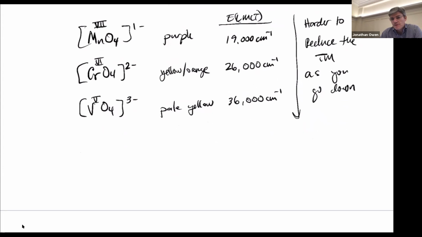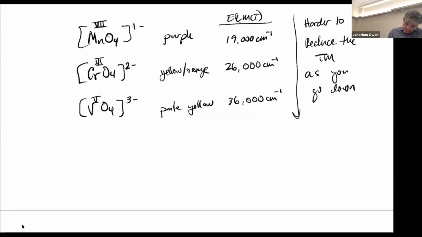But it looks this way because the color of the solution is the color that's not absorbed. Right? What you see is what's left over. So if something comes out purple, it means that you're absorbing the low energy parts of the spectrum and not the high energy parts, okay?